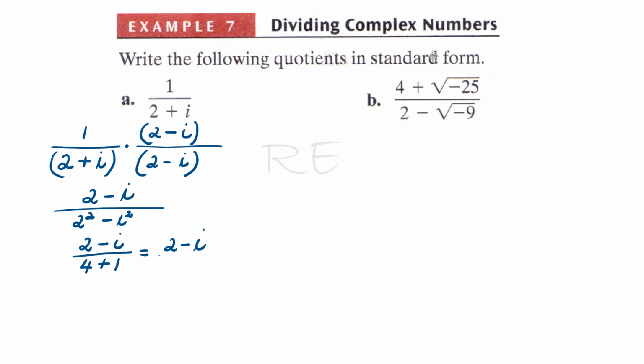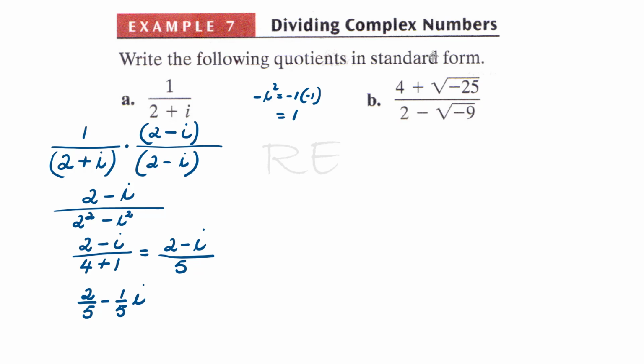So the answer is 2 minus i over 5, and in standard form, it'll be 2 over 5 minus i over 5, or 1/5 of i.